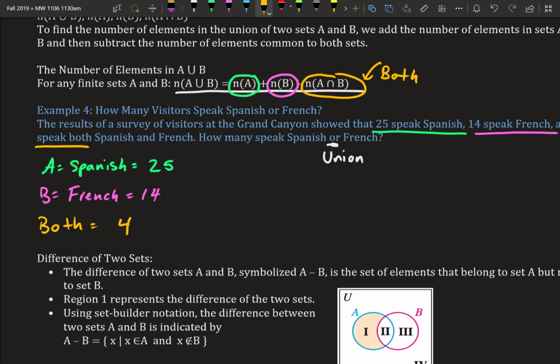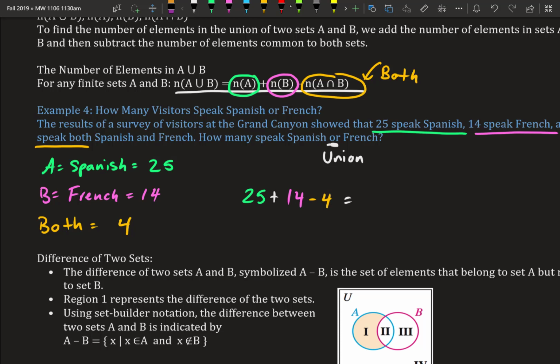So we just put them in order and we subtract. The number of A, which is 25, plus the number of B, which is 14, minus what they have in common, so 4, because both speak 4, and we get 35.